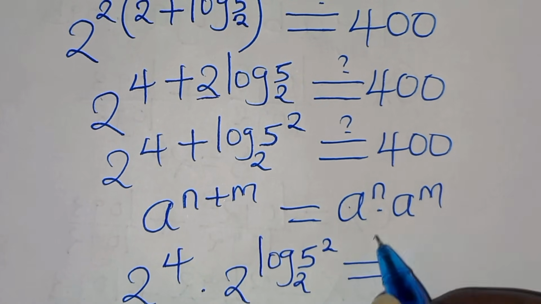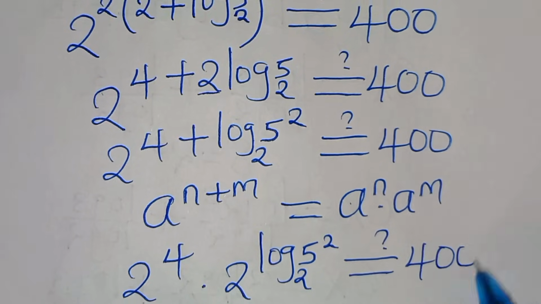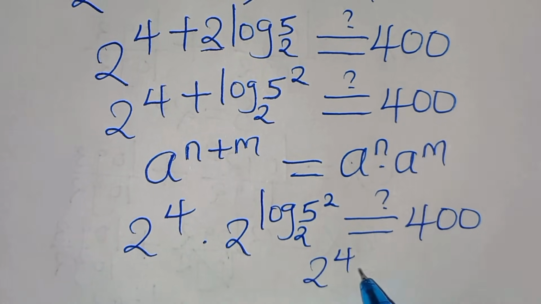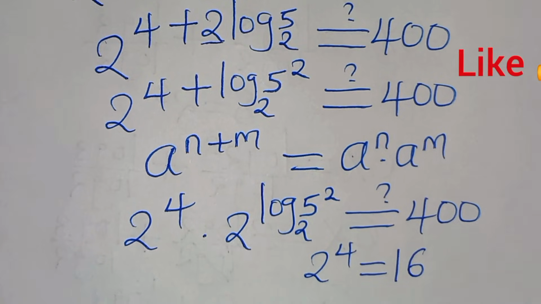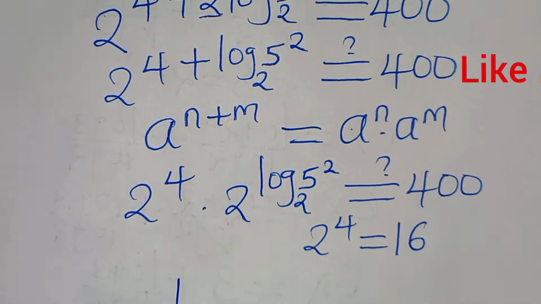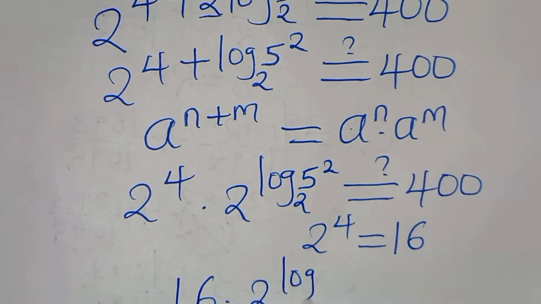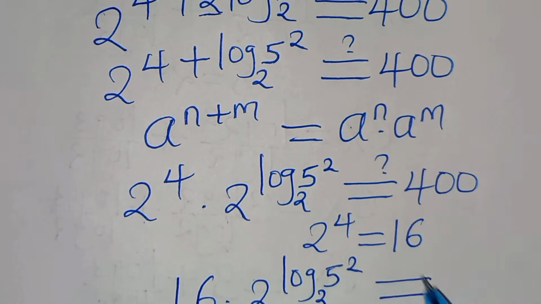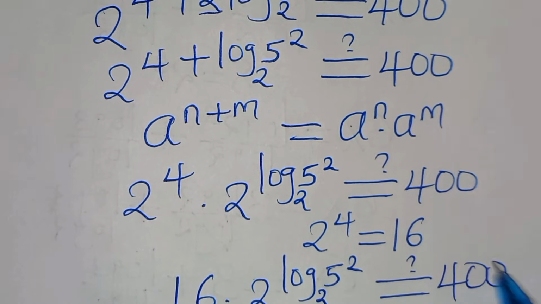This is supposed to give us a value of 400. Now, 2 to the power of 4, this is the same thing as 16. So we have 16 multiplied by 2 to the power of log 5 squared to base 2. This is supposed to give us a value of 400.